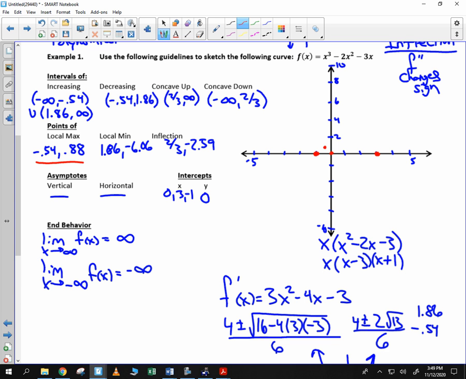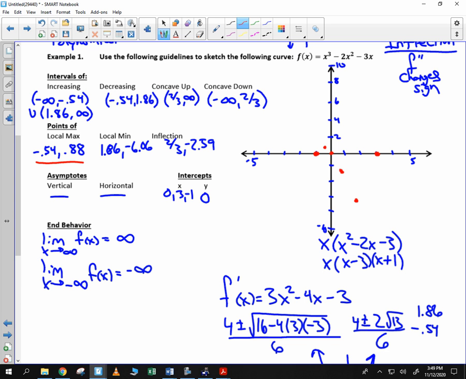I have a point of local min at 1.86 and -6.06. I'm going to call that right about here. I have an inflection point at 2/3 or 0.66 and -2.59. I'm going to call that right there.